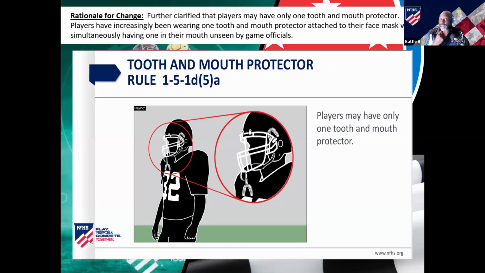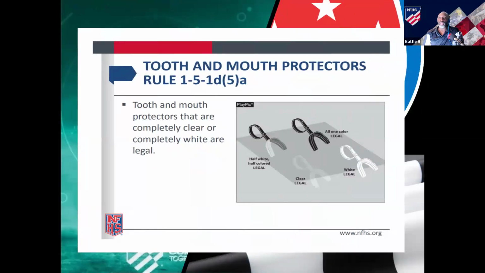If you have it attached to your helmet, your face mask, you can only have one. So you can't have one in your mouth and one on your mask, only one. And they can be any color, black, white, clear, or white. Now, I can remember when they made the white and clear illegal, only to bring it back and make it legal later on.